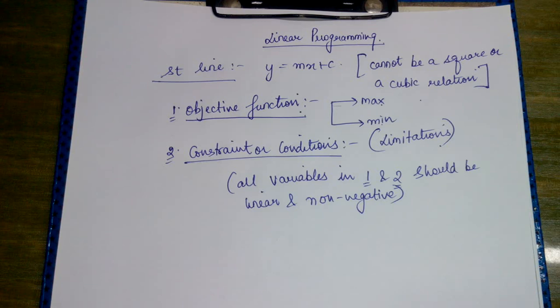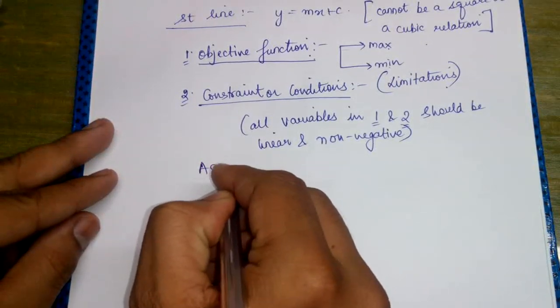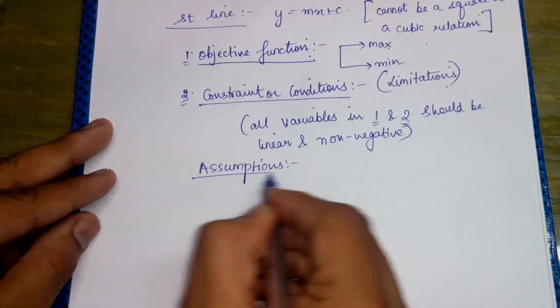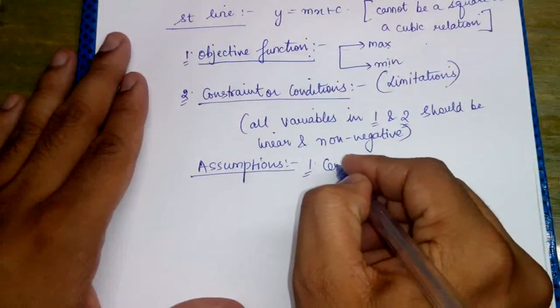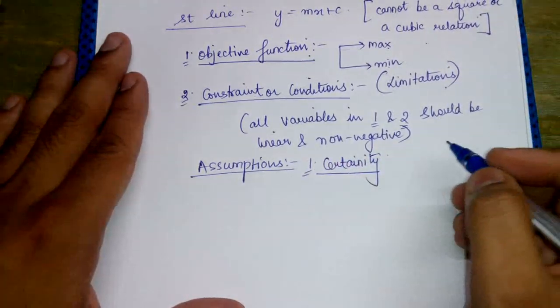Now we come to the various assumptions of linear programming. The first assumption is certainty.